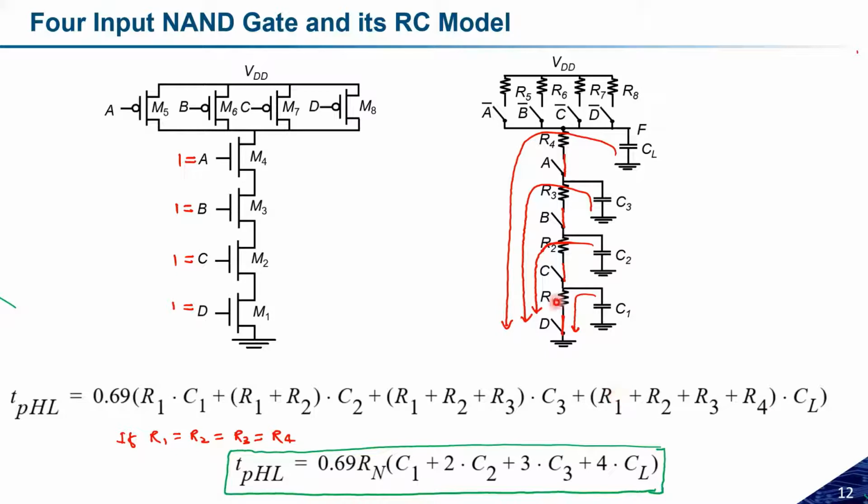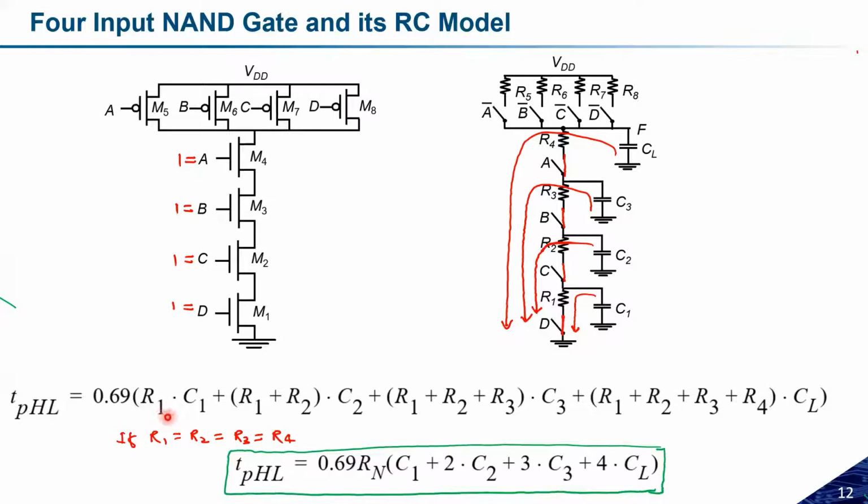Okay, so this R1 is the important component here. If you see in this particular circuit, if I have a NAND kind of structure, in the NAND structure this R1 becomes one of the important components in the TPHL, and it is involved in all the discharging components. Either I have to discharge C1, C2, C3 or CL, R1 is always present. Okay, if I have to reduce this TPHL, what could be done?